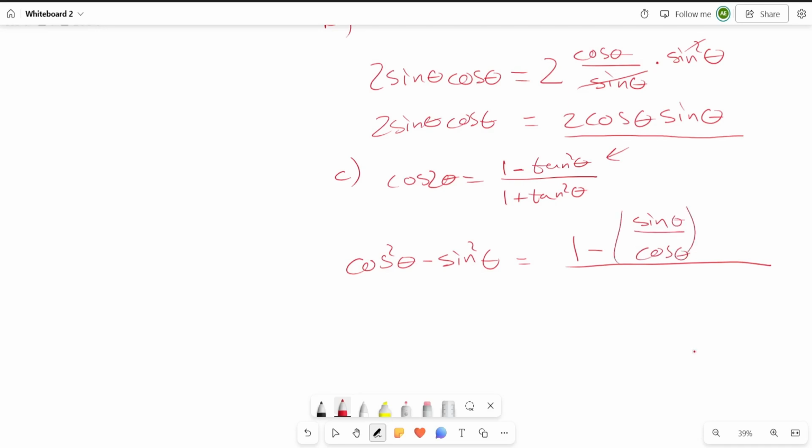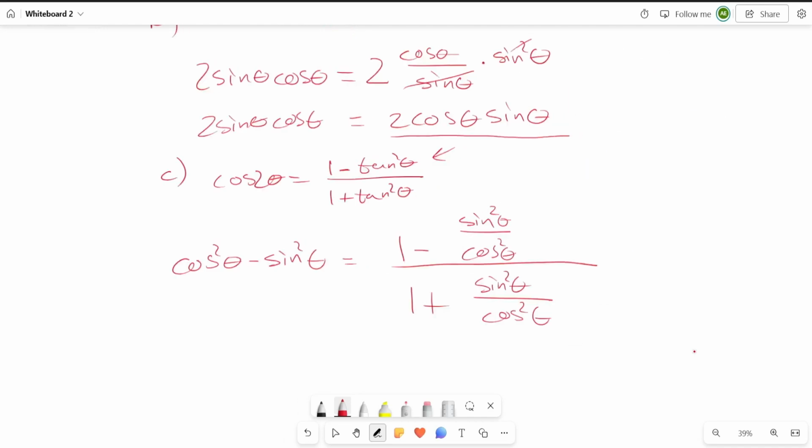So if I distribute this power, this will give me sine squared over cosine squared. Okay, and let's do the same for the lower part. So it's going to be 1 plus sine squared theta over cosine squared theta. Okay, let's try to subtract sine squared theta over cosine squared theta from this one and add it to this one. So we will need a common denominator.